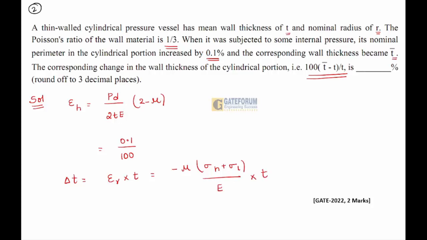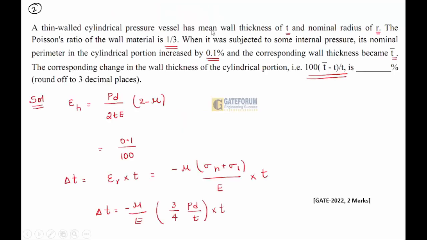From here, delta T will be equal to minus mu by E into 3 by 4 PD by T into T, right? 3 by 4 PD by T into E. This can be written as delta T is equal to minus mu into T into 3 by 4 PD by TE.